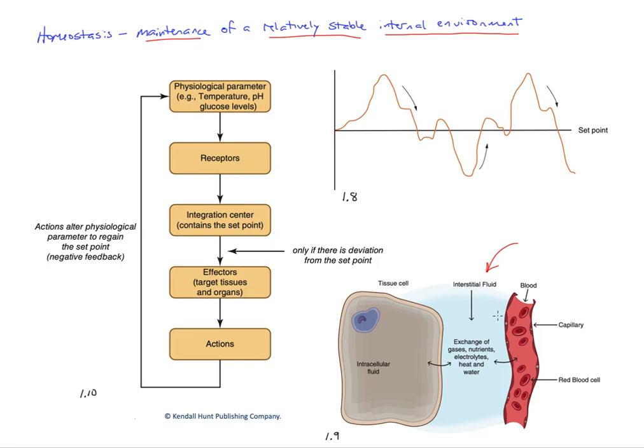And we say that largely because all cells are surrounded by some degree of interstitial fluid with which they must exchange to survive. In other words, they have to exchange heat, they have to exchange nutrients and wastes and gases. In many cases, that exchange occurs with the blood capillaries shown over here on the right.